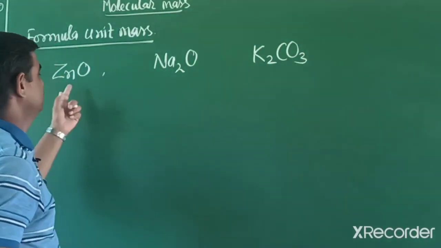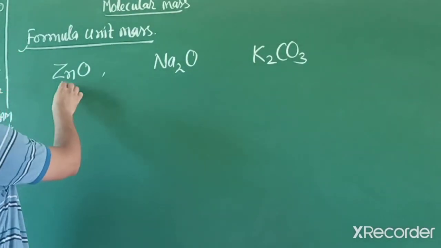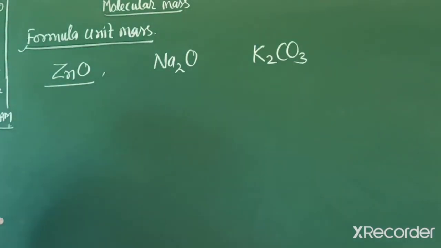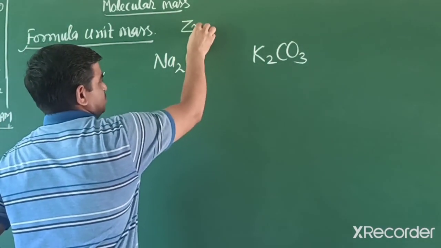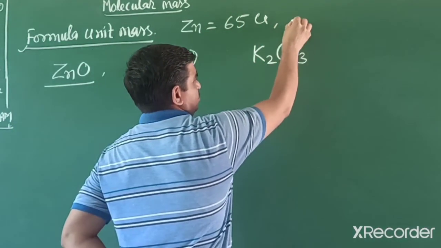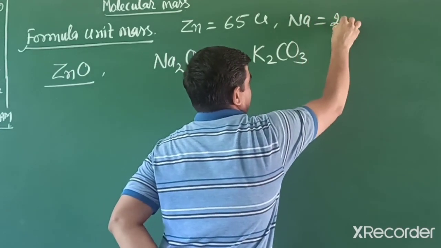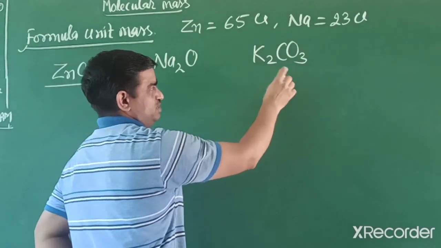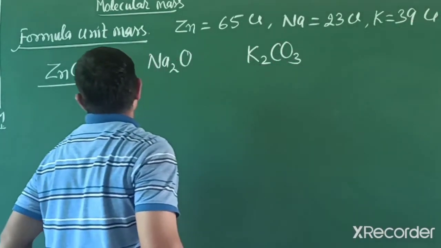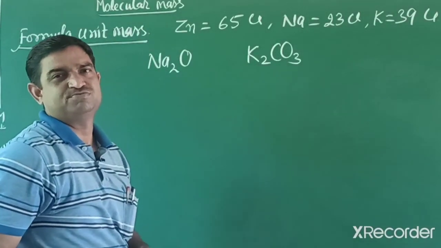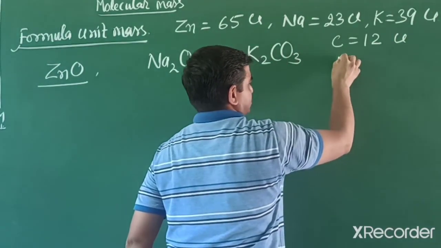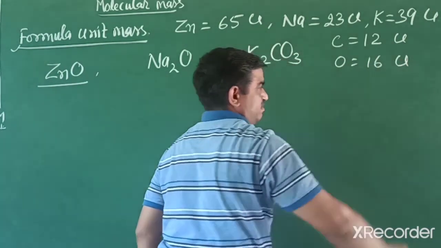At first we find zinc oxide. For this we need the mass of zinc, and in your numerical the atomic mass of zinc is given as 65 U. Sodium mass we know is 23 U, potassium is 39 U, and carbon and oxygen you already know: carbon is 12 unified mass and oxygen 16 unified mass.